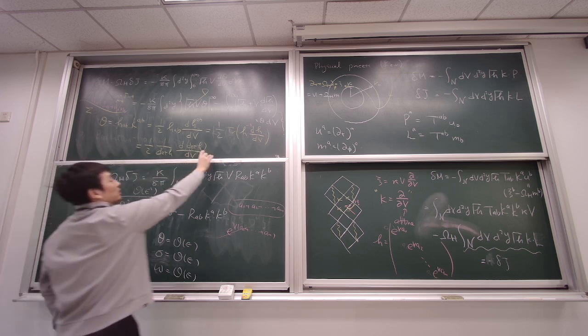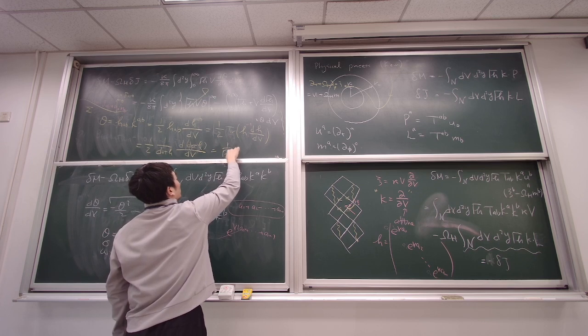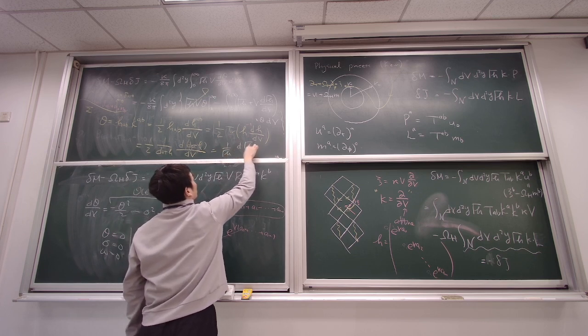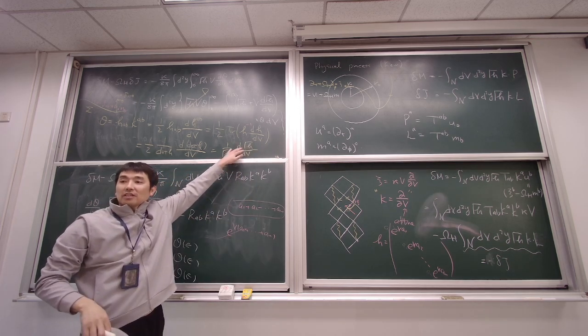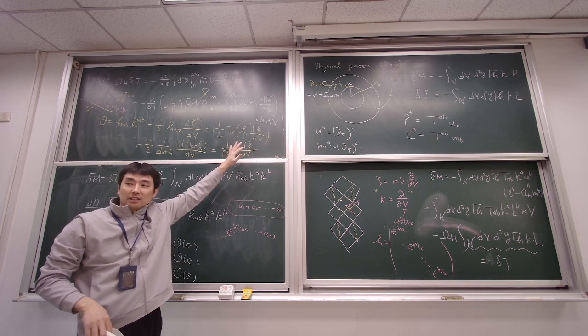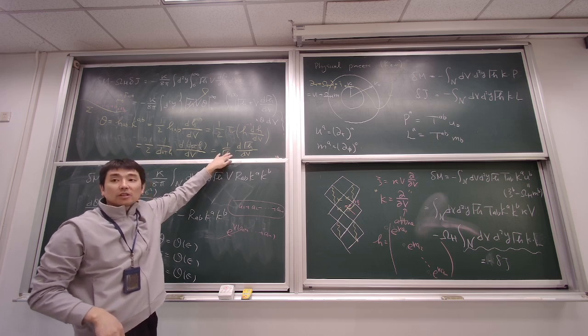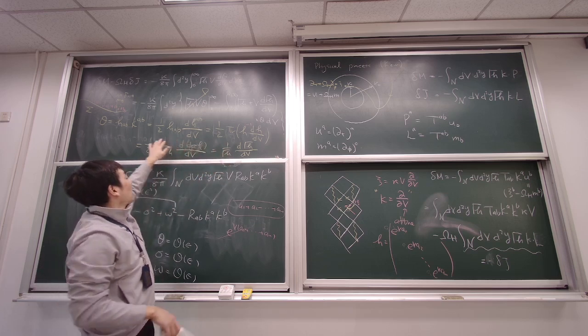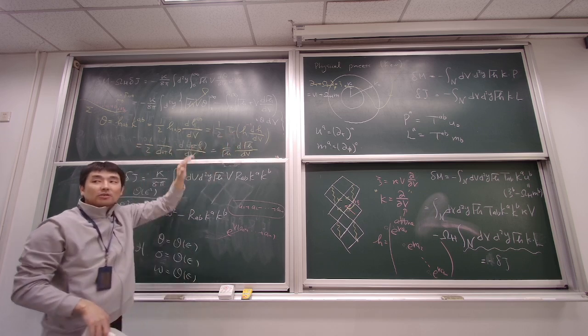And this is in fact equal to 1 over square root h, d square root h over dv. Here h means the determinant, just standard notation in GR. H is the determinant of the metric. Here I treat it as a metric. Maybe I should use a different notation, but anyway.